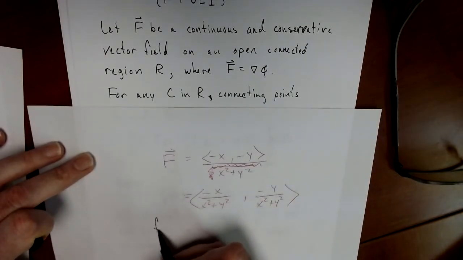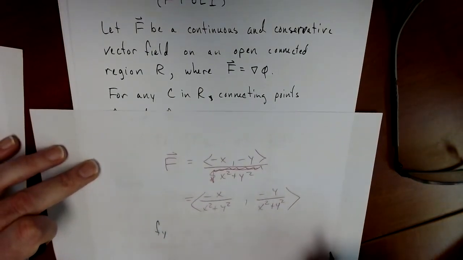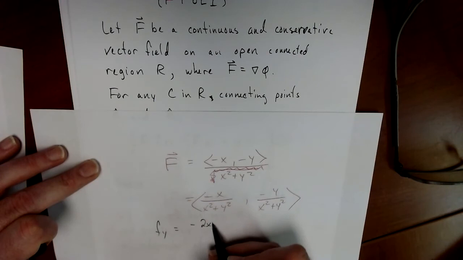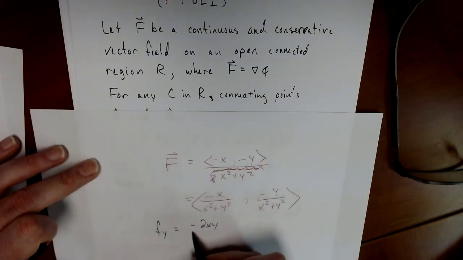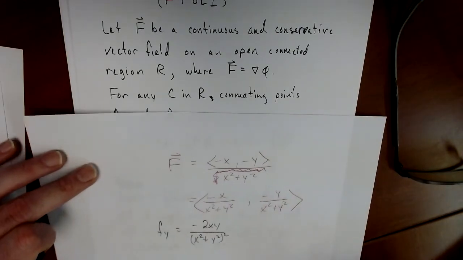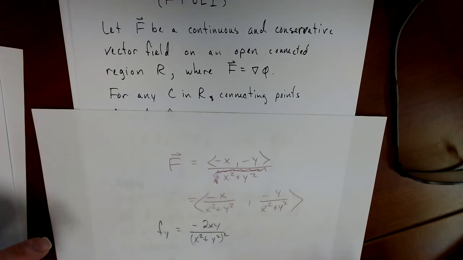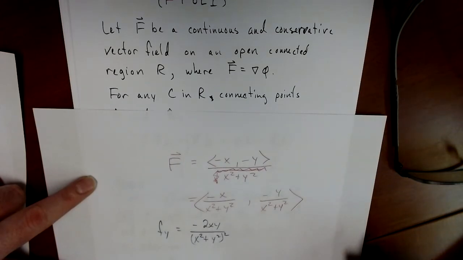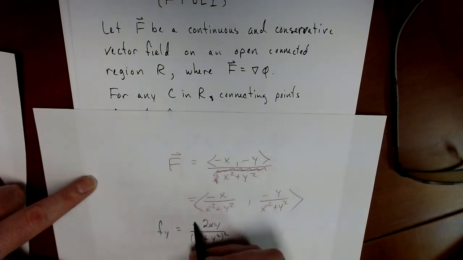And so if I take fy, that's equal to negative 2xy over x squared plus y squared, squared, right? And then, trying to remember, it's to the minus 1, that might be a plus.